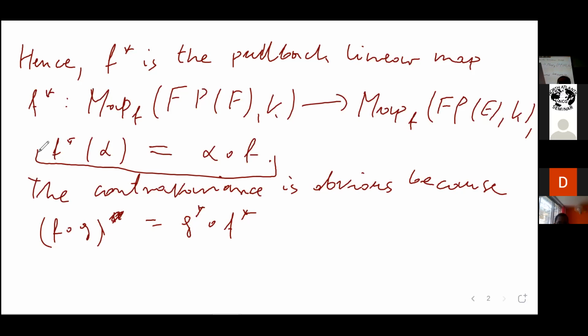Because we just computed exactly what it was. Obviously, this is a linear map. So it maps morphisms in the category of graphs to the category of vector spaces and linear maps.